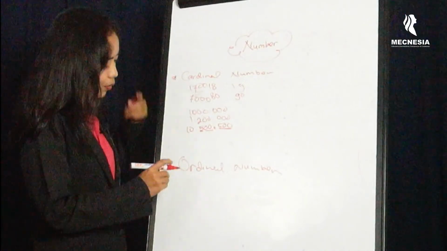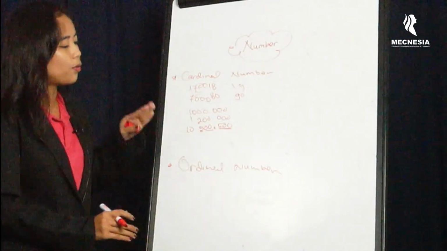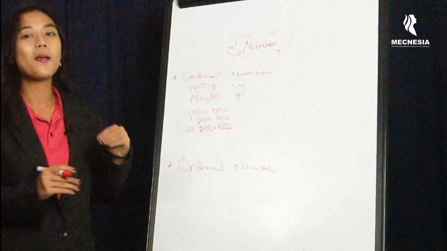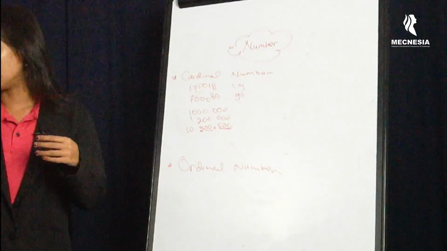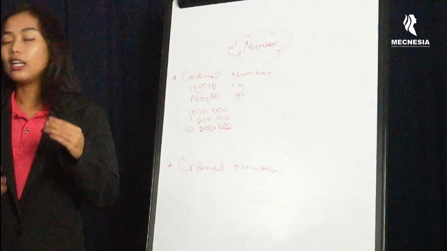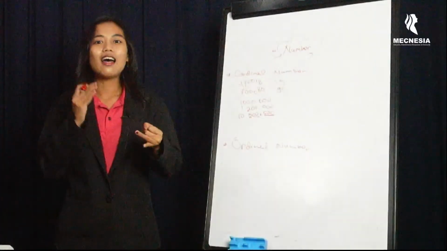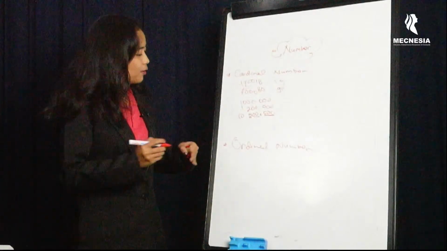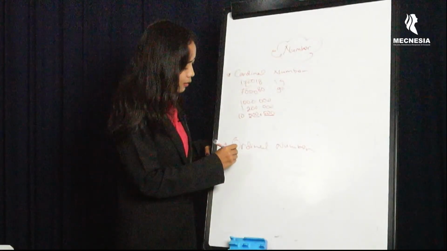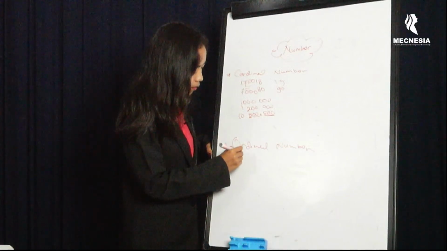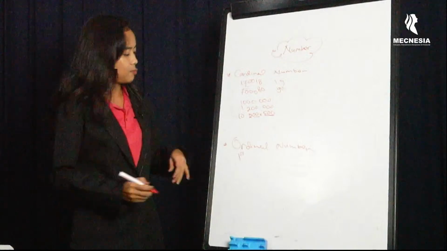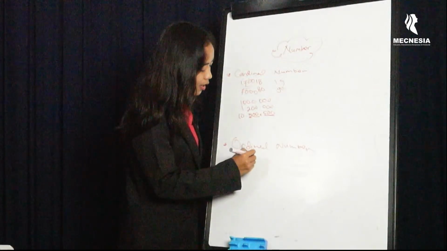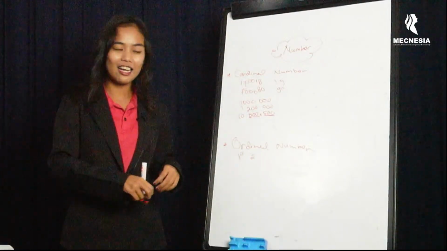Next, let's review about ordinal number. So, ordinal number itu adalah bilangan bertingkat, number by series. Jadi dia ada tingkatannya. It shows urutan atau step. So, for example, kemarin pertama is first. Kedua is second.